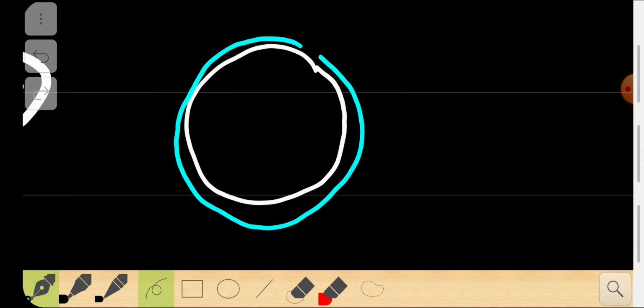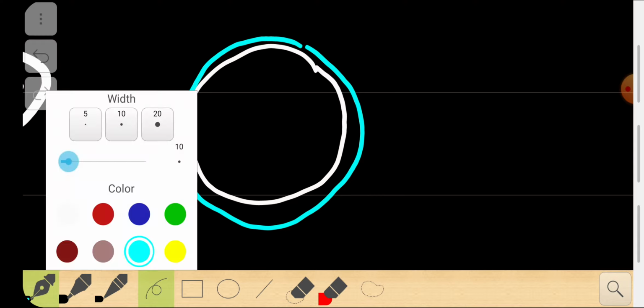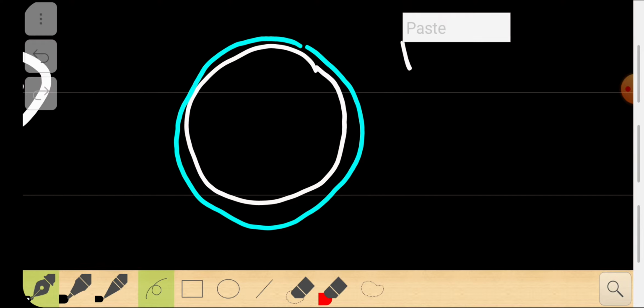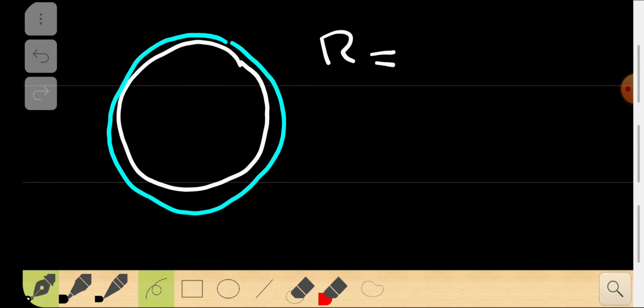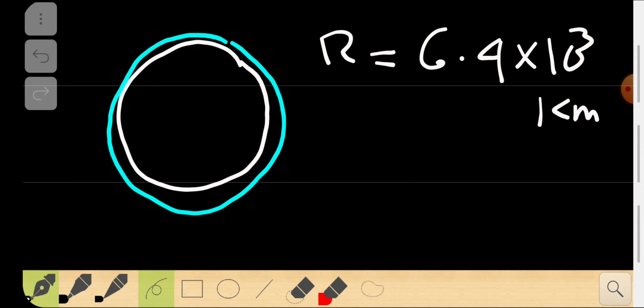There are hills and all that. Now you know for a fact that the radius of earth is equal to 6.4 times 10 to the power 3 kilometers. That's a fact.